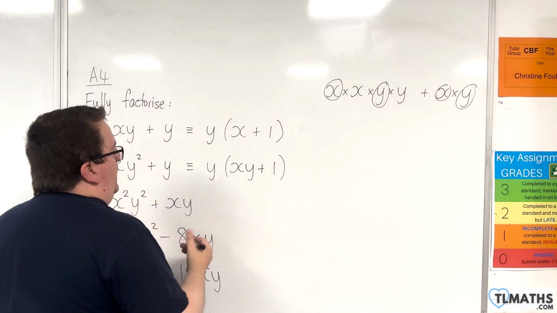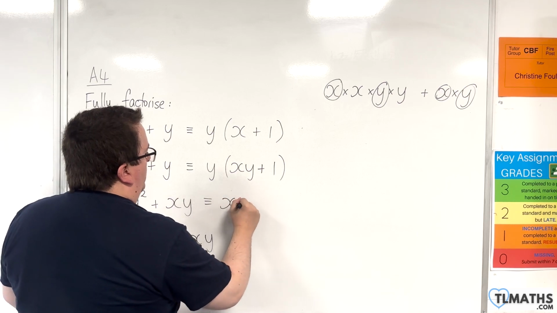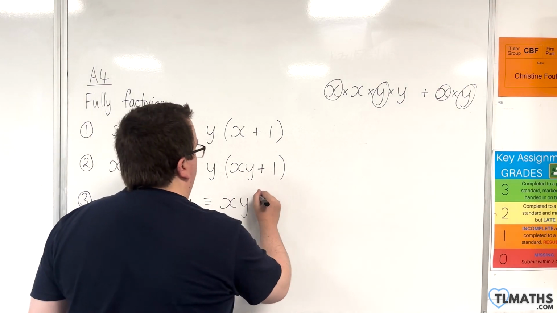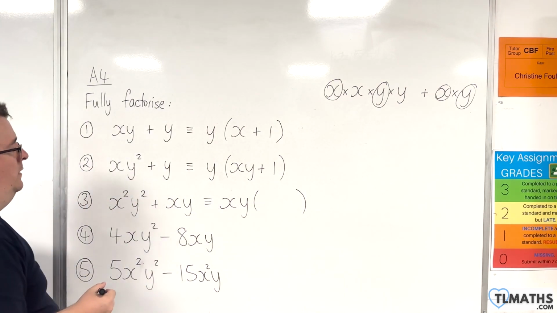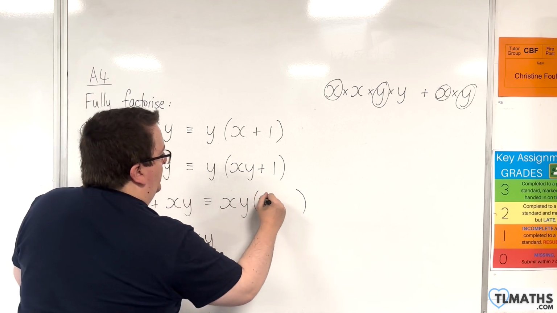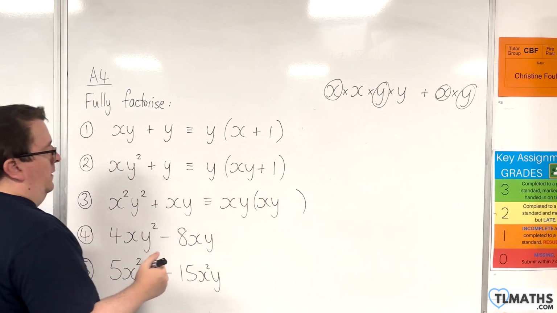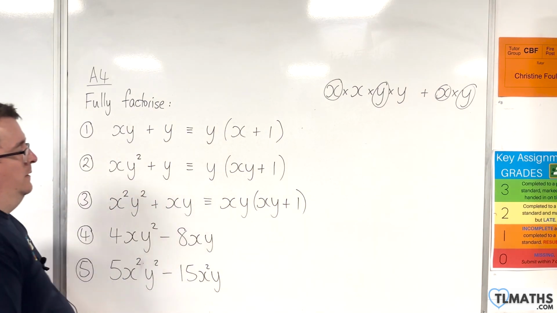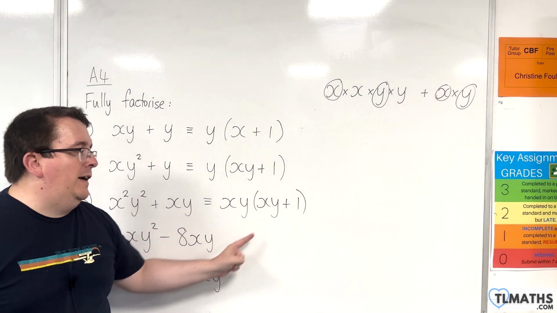So xy, x and y can both be factored out. So x squared y squared divided by xy would be xy. And xy divided by xy is 1. And so this is the fully factorised form.